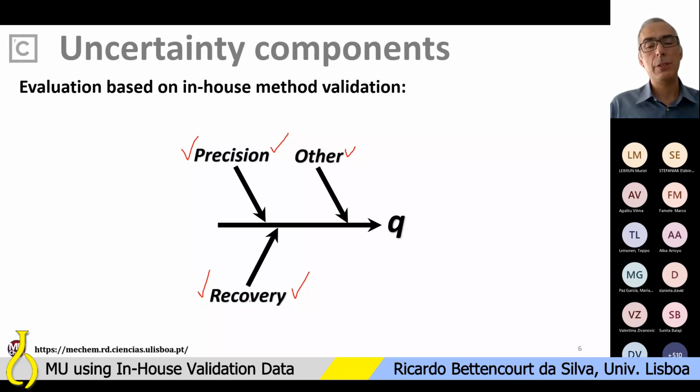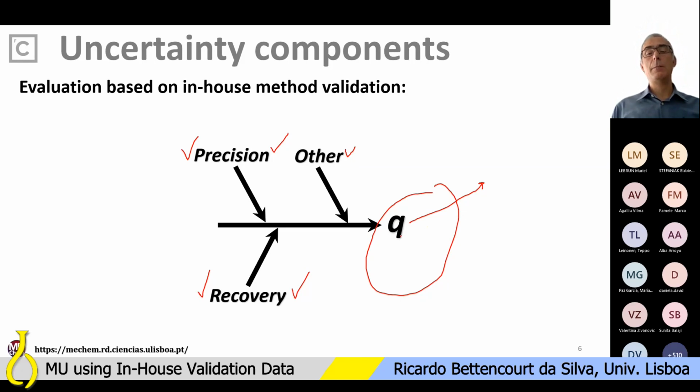I will describe briefly how to do that because I will have a second presentation on this, and then I will also discuss examples of other components. And the idea is to quantify the uncertainty of the measured value. Notation here is lowercase q for quantity, because it can be any type of quantity: concentration, mass fraction, as you wish.